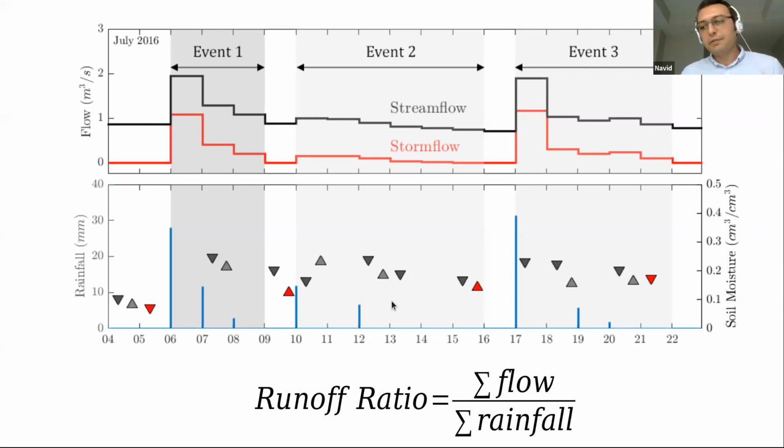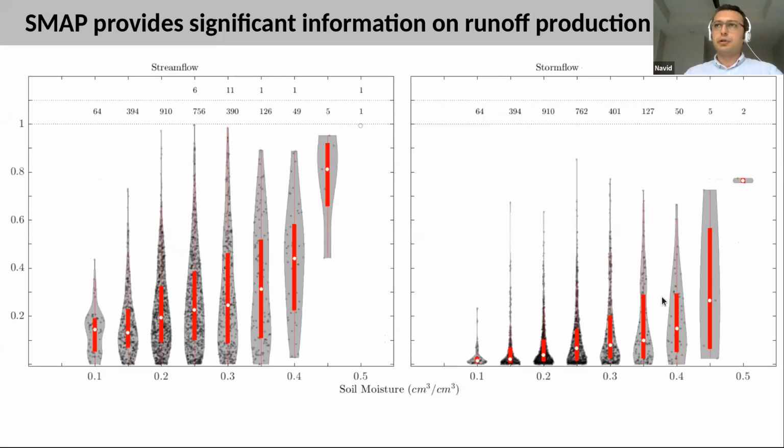So if we do that for all of the basins or watersheds, and then plot the data of antecedent soil moisture versus the runoff ratio, we can see how they vary together, or what the relationship between them is.